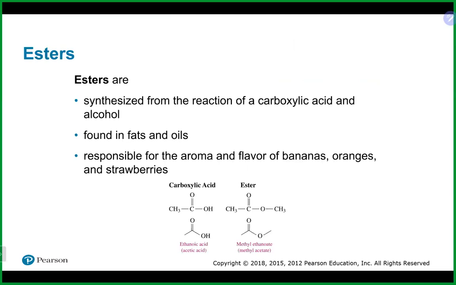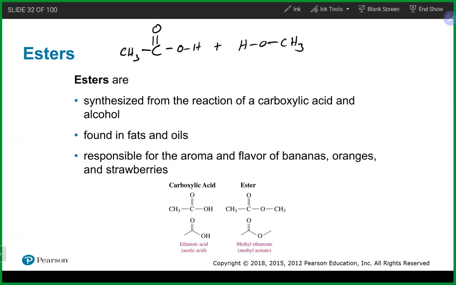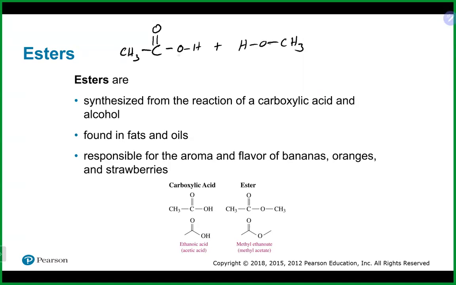So how do we make esters? They are a reaction of a carboxylic acid and an alcohol. So how does that come together? If we take just the functional group here, we take our carboxylic acid and react it with an alcohol. I'll make a nice simple one here. In this particular case, what happens is we take out water.